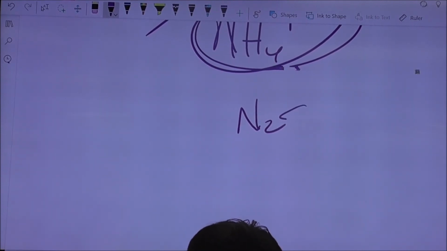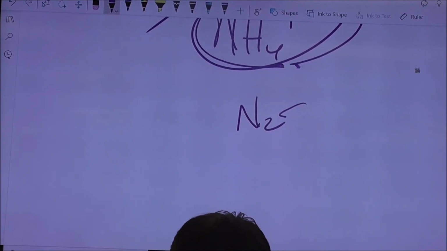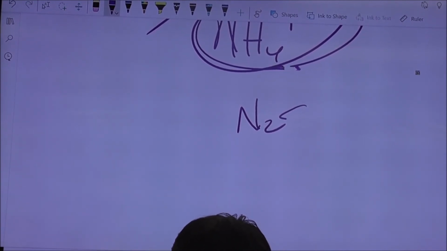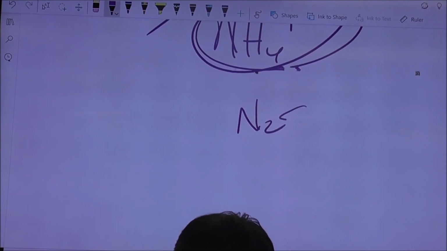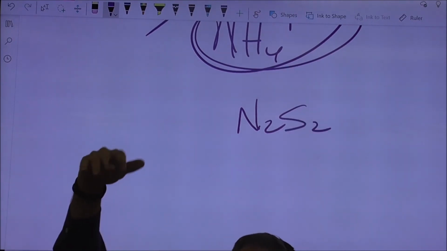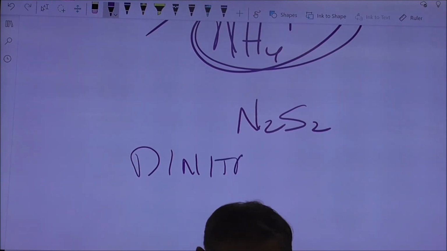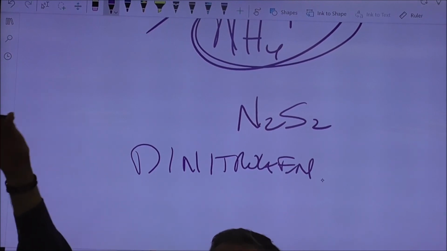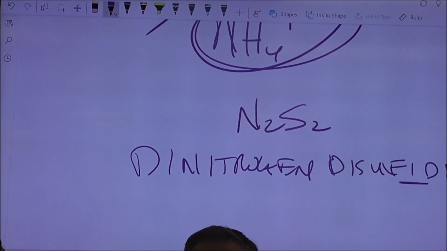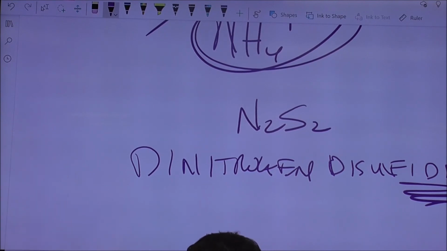So this is going to be dinitrogen disulfide. Now, here's one thing that's still true. When you have the second element, that still ends in IDE. Just like sodium chloride is NaCl, and we change that ending to IDE, the same thing is going to be true here. This is going to be dinitrogen disulfide.